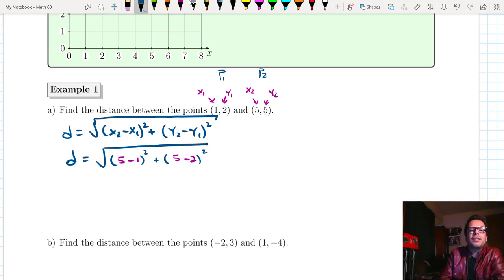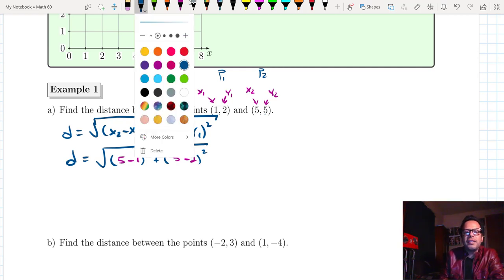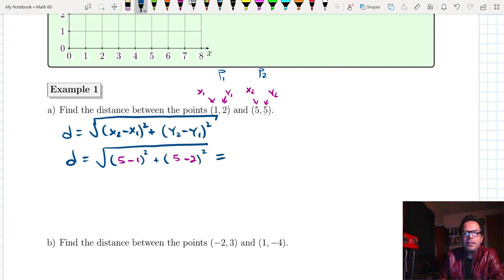Okay, let's simplify. Remember, according to PEMDAS, we simplify the quantities inside of the parentheses first. That has the highest priority here. So 5 minus 1 gives us 4 quantity squared. 5 minus 2 equals 3 squared.